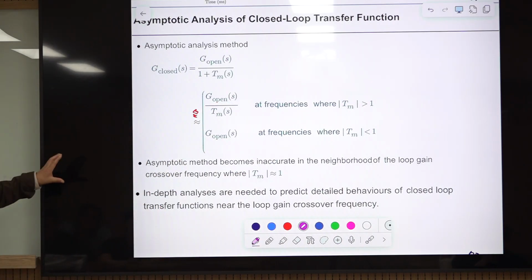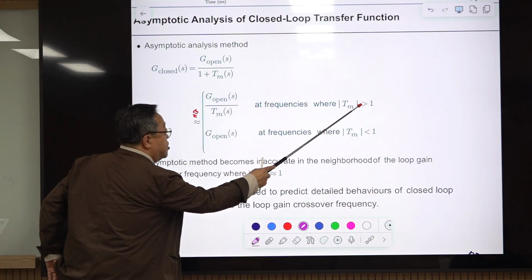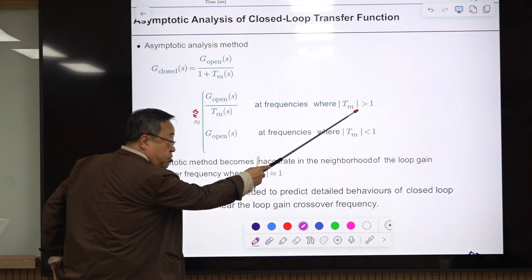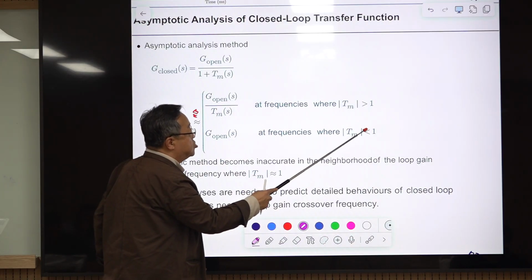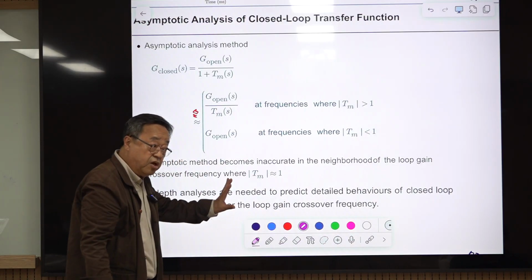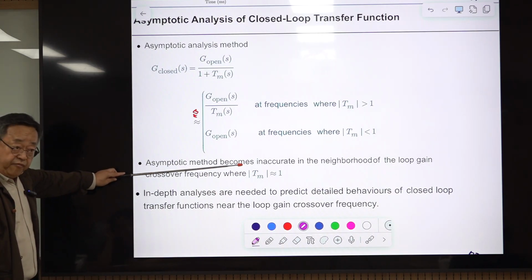So this is good in the frequency range where T is much larger than 1. And this is also good when the magnitude of T is much smaller than unity. That is good. Then what about in the neighborhood of the loop gain crossover frequency?